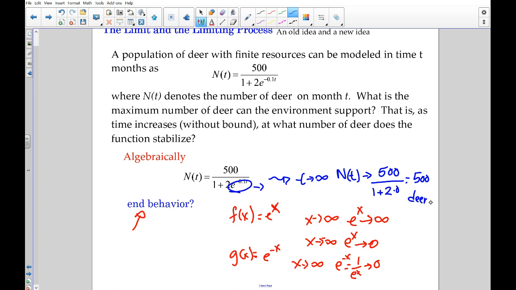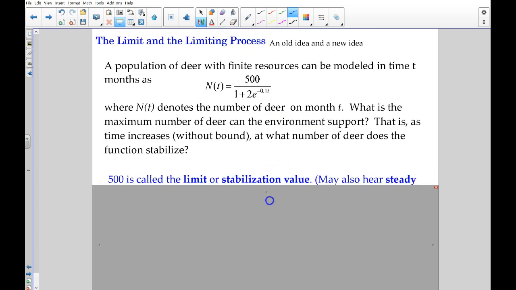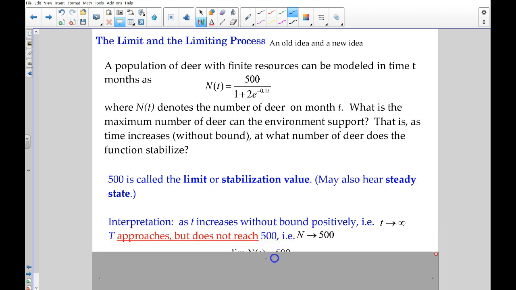So we've shown it algebraically now, and graphically and numerically before, that the number of deer that the function stabilizes around, and therefore the number of deer that the environment can support, is 500.